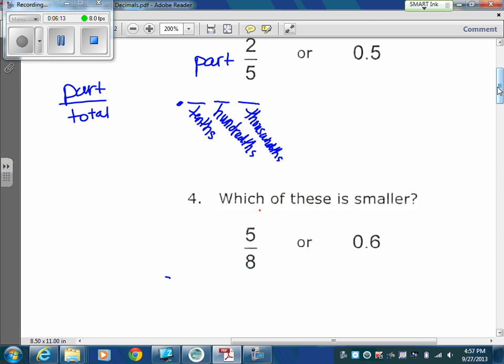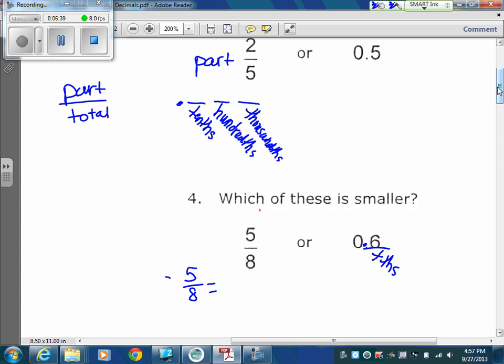Okay, so you should have tried this one on your own. We have 5/8 or 6/10. Again, I need to convert to a decimal. Well, 5/8, there's that 8 again. 5/8, those are going to be those that I memorize. So I already know 5/8 and its conversion, because I don't want to have to get to 1,000.